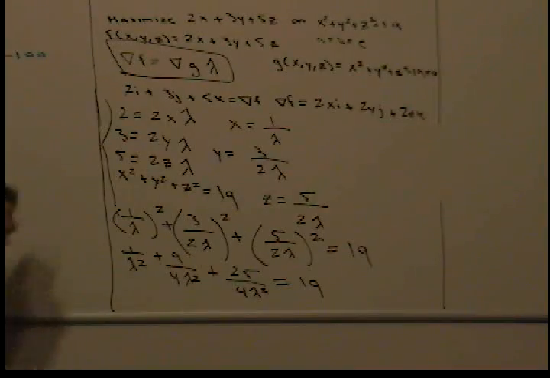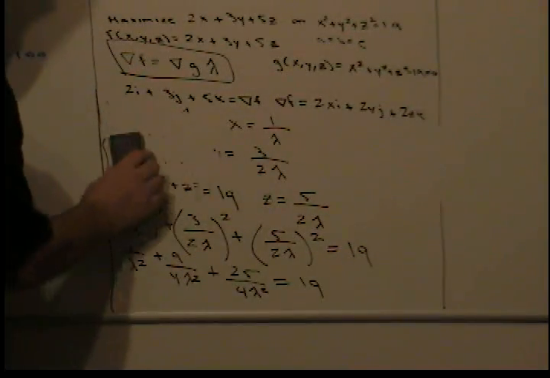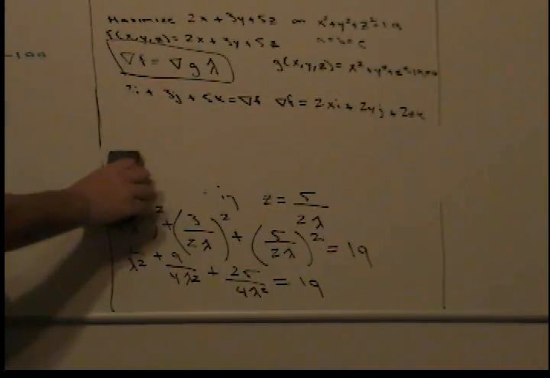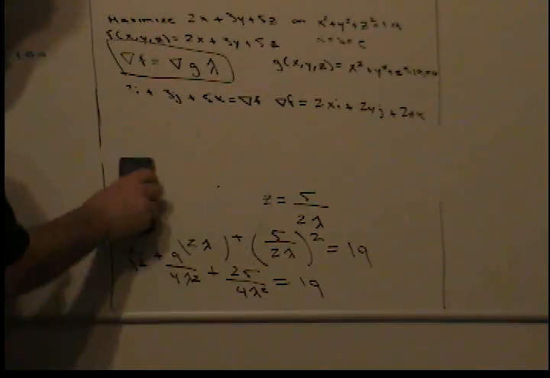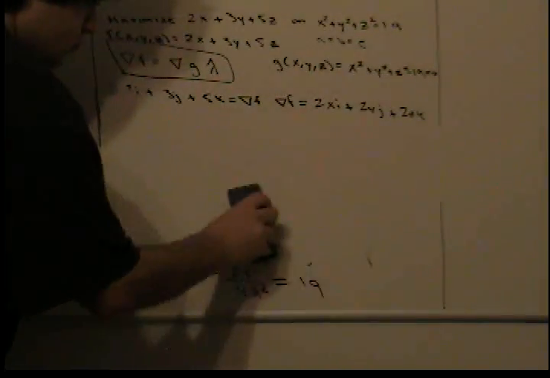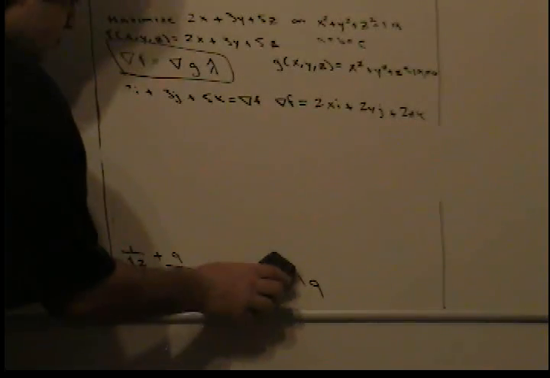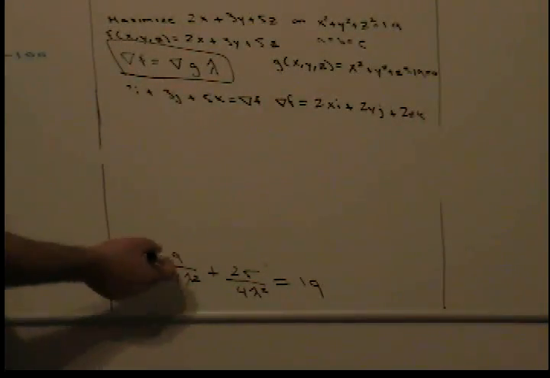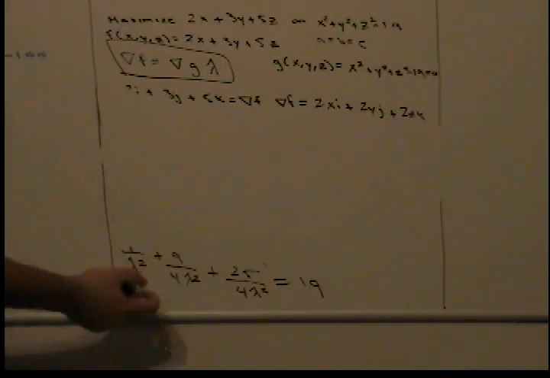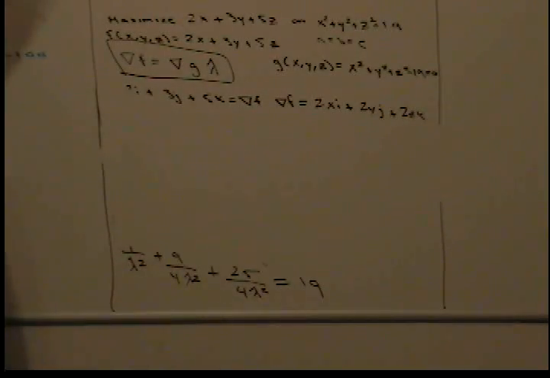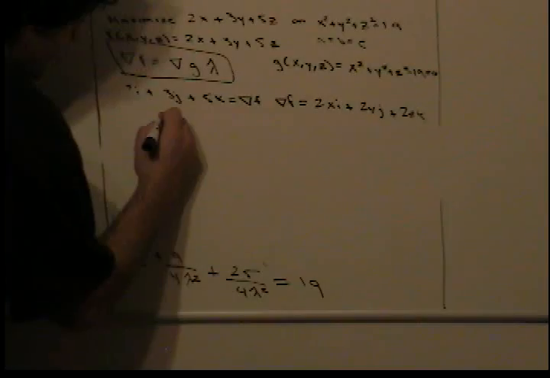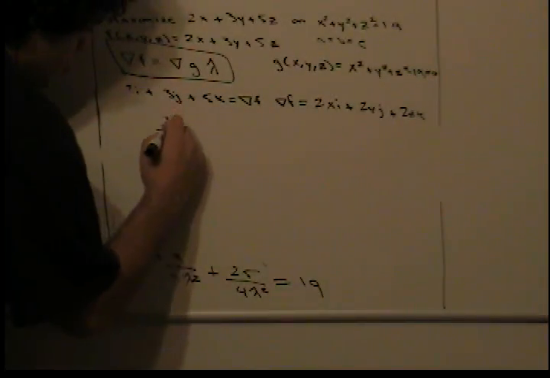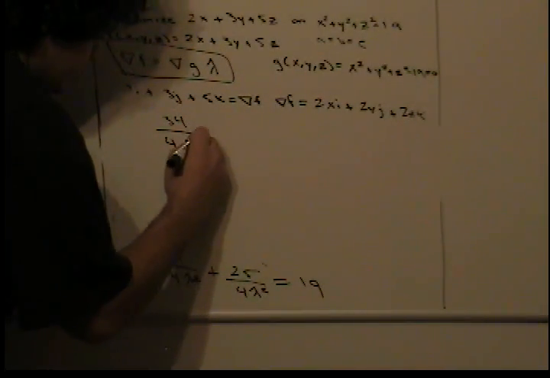Let me go ahead and make some room over here. We have like terms. We have 9 over 4 lambda squared plus 25 over 4 lambda squared. If we add those together, we get 34 over 4 lambda squared.